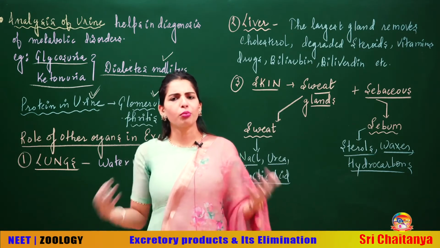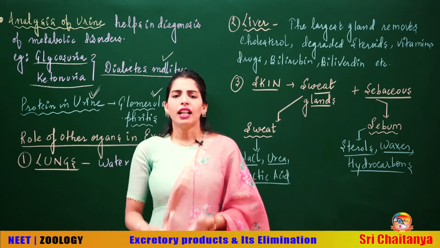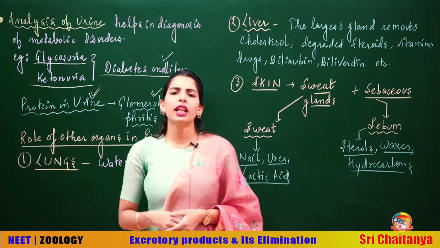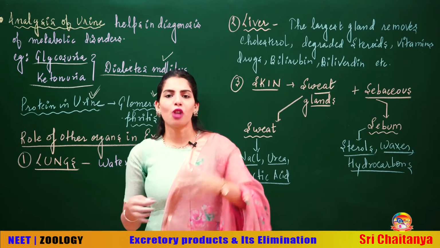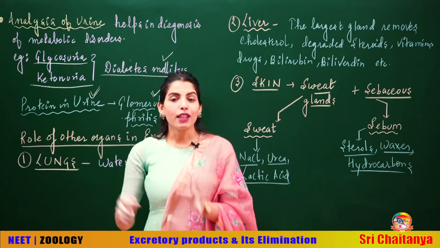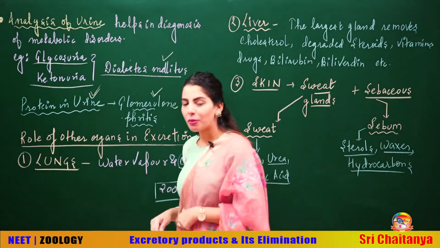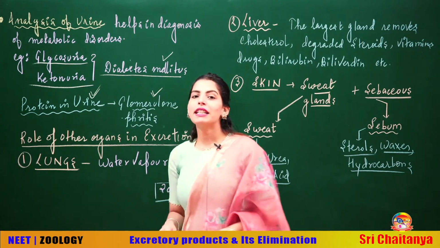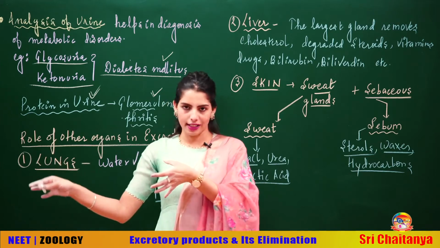There can also be other abnormal conditions of the urine, like excessive loss of water through urine, which is indicative that your ADH is not working. That is indicative of another type of diabetes, called diabetes insipidus, right? That we will discuss in the hormones chapters.